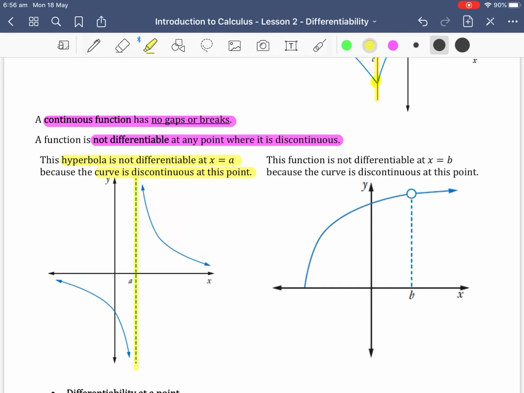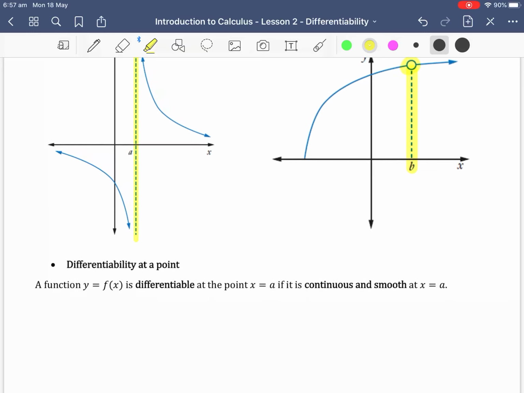And over here, the function is not differentiable at x equals b because the curve is discontinuous at this point. Here we have an open circle, and that means that it doesn't occur at that point.